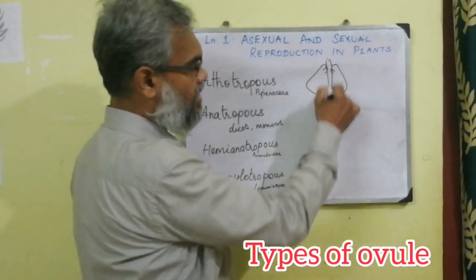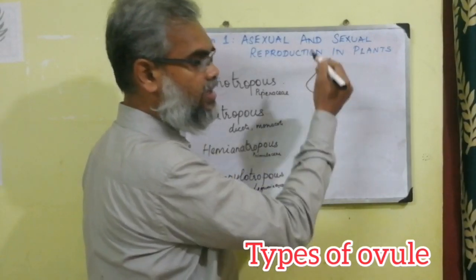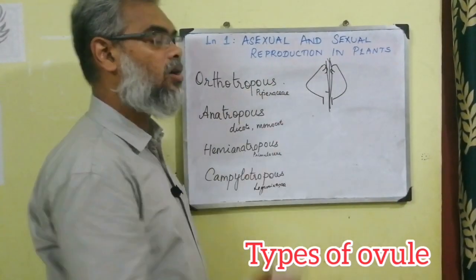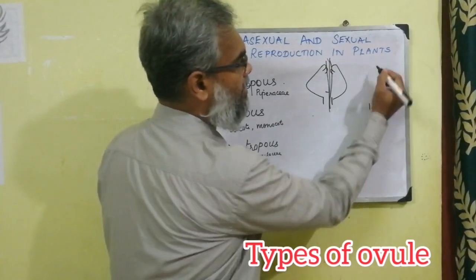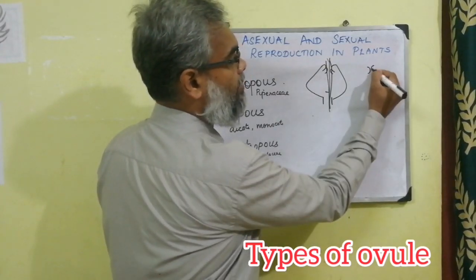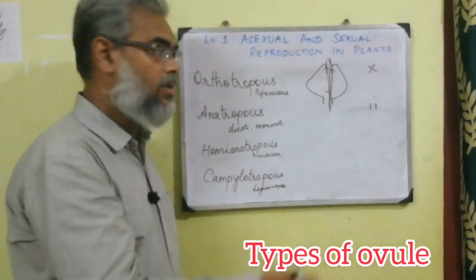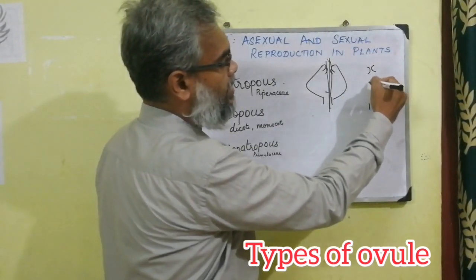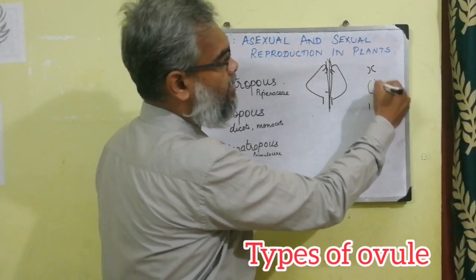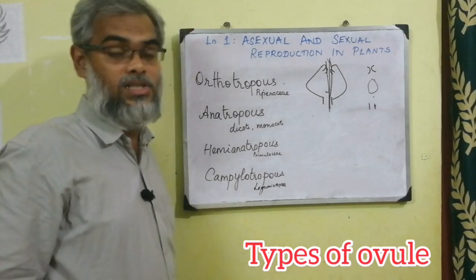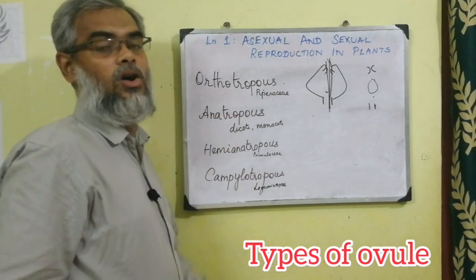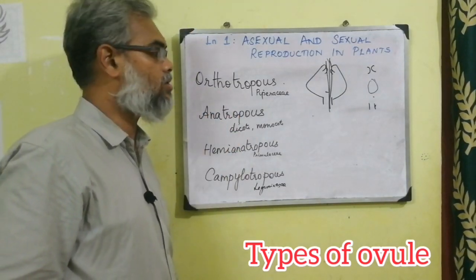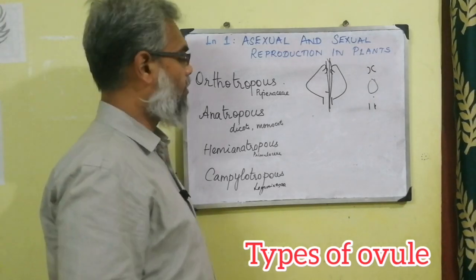Micropyle, funicle, chalaza, together all the ovule, the embryo sac will be here, together everything will be in the same straight line. That is our orthotropous type of ovule.